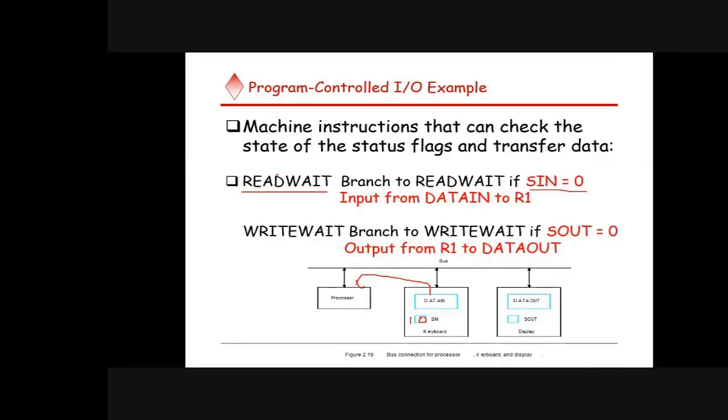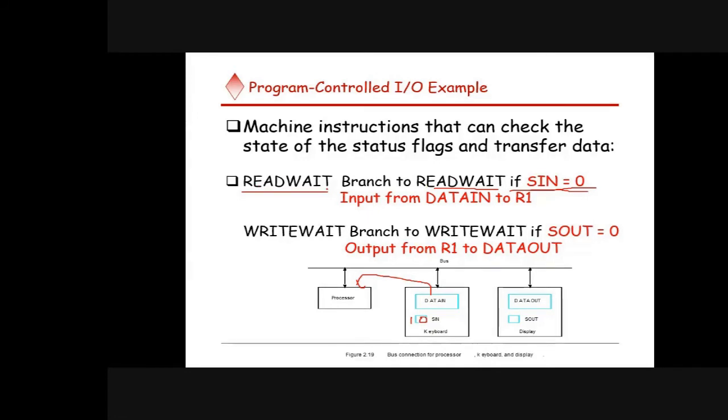It is just an address; you can give any name, like a variable name. Branch to read wait means that if this condition is satisfied, it will come back to read wait again. If SIN is equal to 0, your data in register is not full, so the processor should wait.